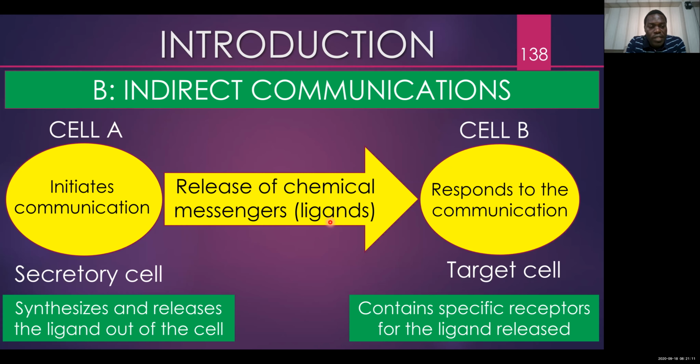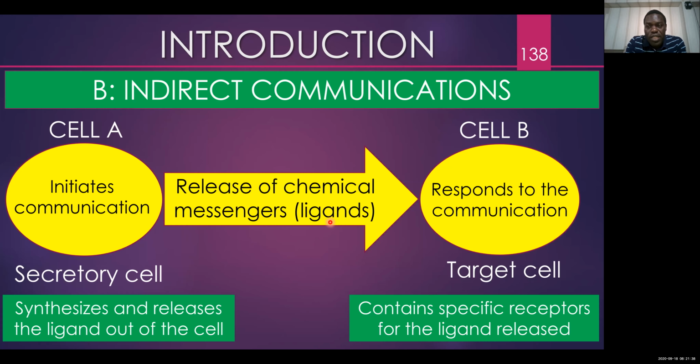So the secretory cell will synthesize that ligand. It could be a protein. Then it releases that ligand out of the cell, of course, usually through exocytosis. Then that chemical will travel through different mechanisms that we'll talk about later, maybe not today, okay, partially today.